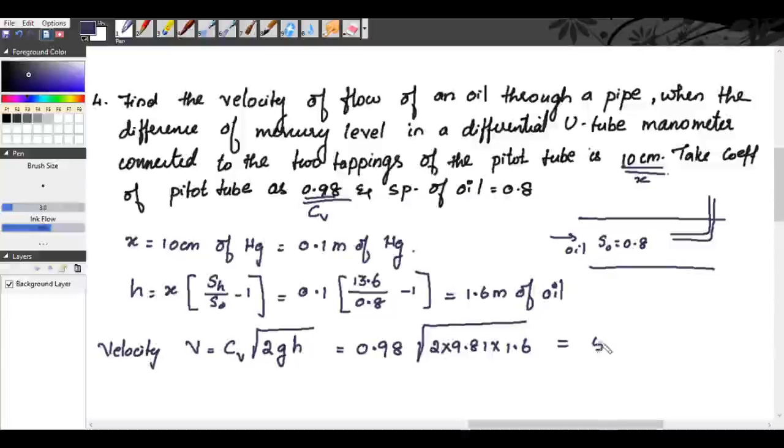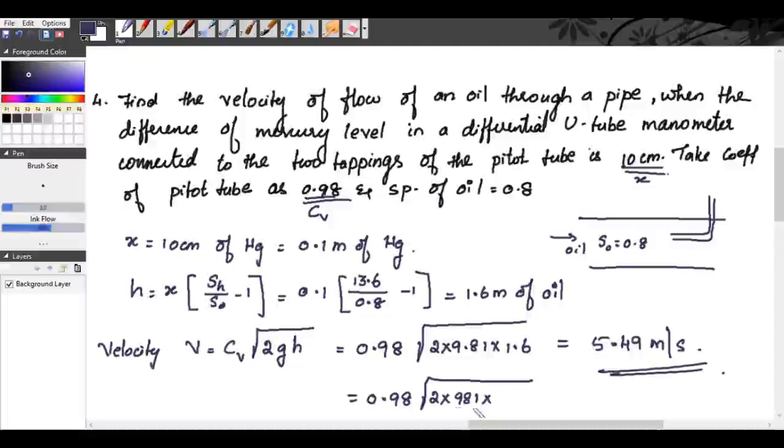So we get 5.49 meter per second. You can also write it as 0.98 into square root of 2 into 981 into, converting this to centimeter, we get 160. So you can get 549 centimeter per second.